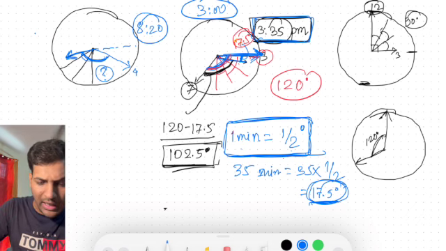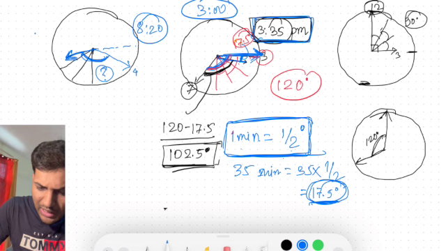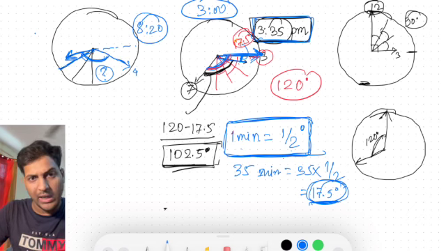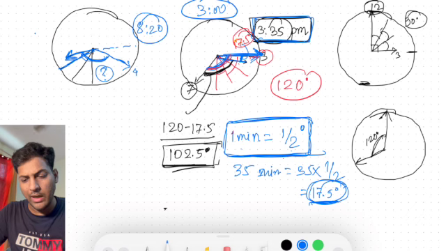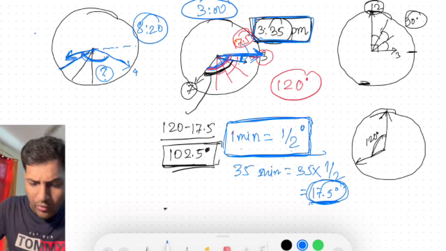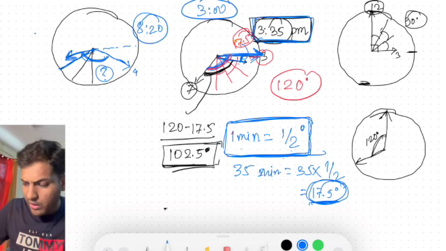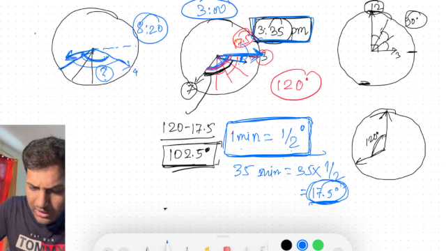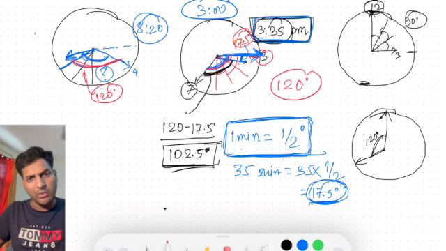So at 8:20, the minute hand is sharply at 4. So this angle is 120 degrees. All of you know that this angle is 120 degrees.